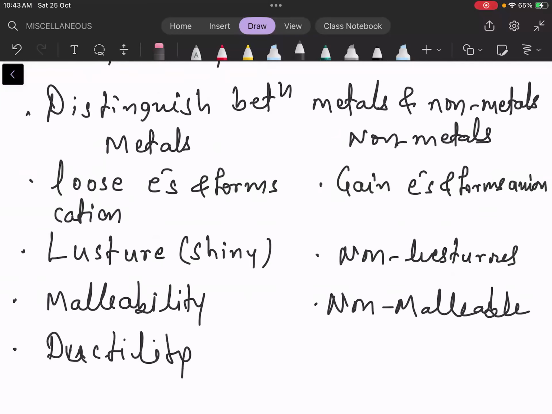Metals are generally ductile in nature. That is, whenever forced, they are drawn out in the form of a thin wire. And this tendency or phenomenon is known as what? Ductility. Non-metals are non-ductile.